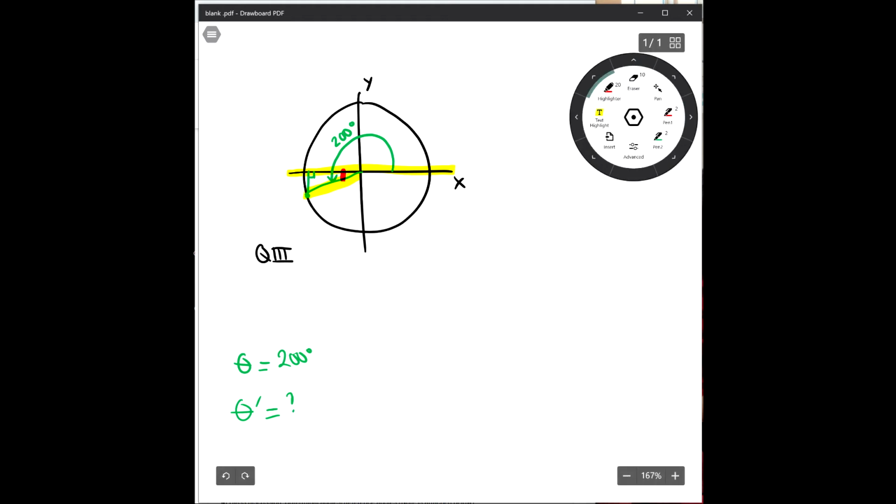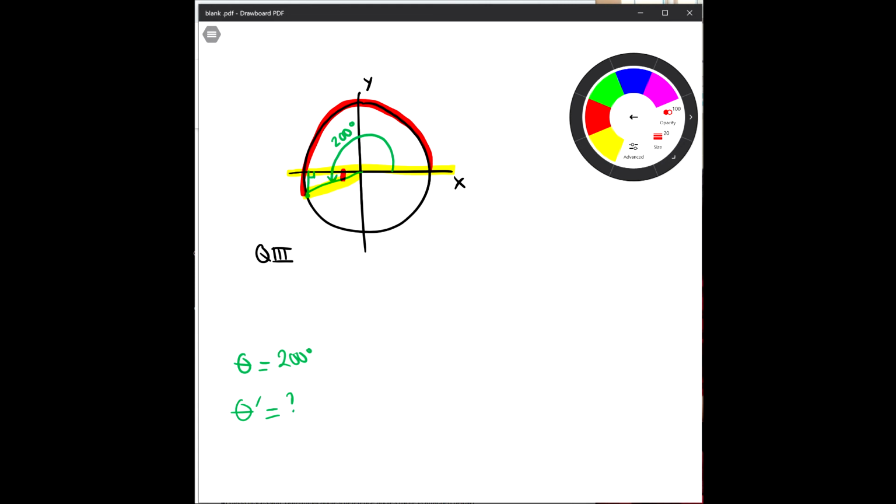We know the measure of the original angle is 200 degrees, which is all the way here. However, this angle actually includes half of the circle in it, and the measure of half of a circle is 180 degrees. So how do we find the remaining here?